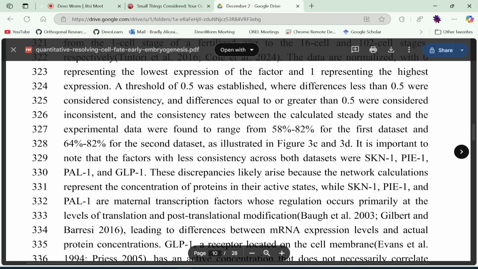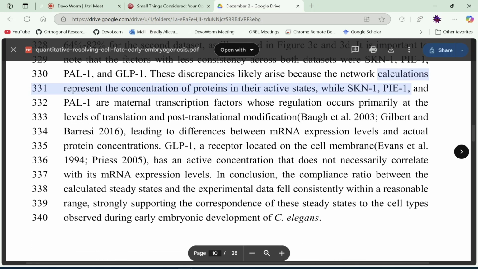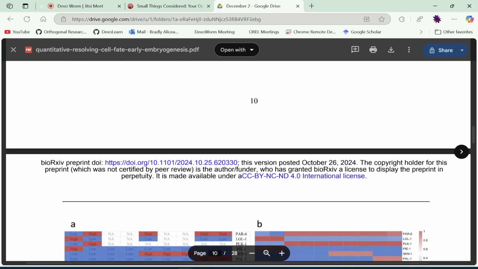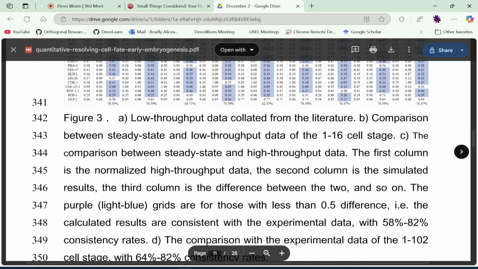Here they're looking more internally at C. elegans, and they're trying to really get a handle on some of these changes in the lineage tree and how they can interpret that. So that's a lot of the work that they did there.